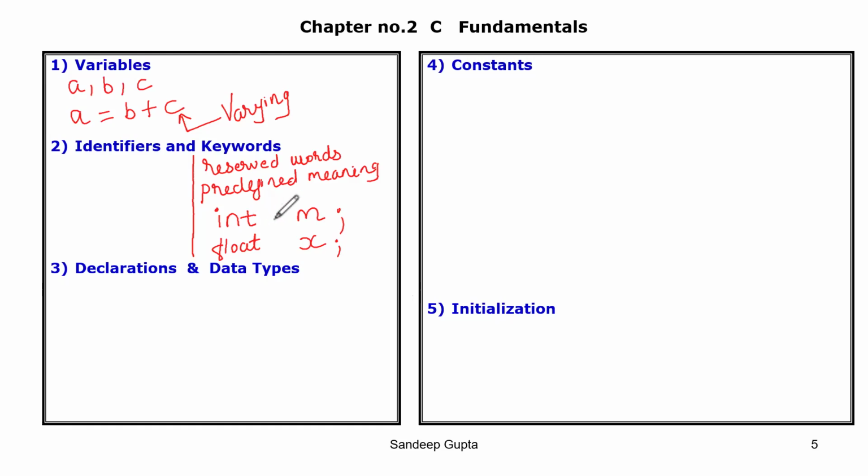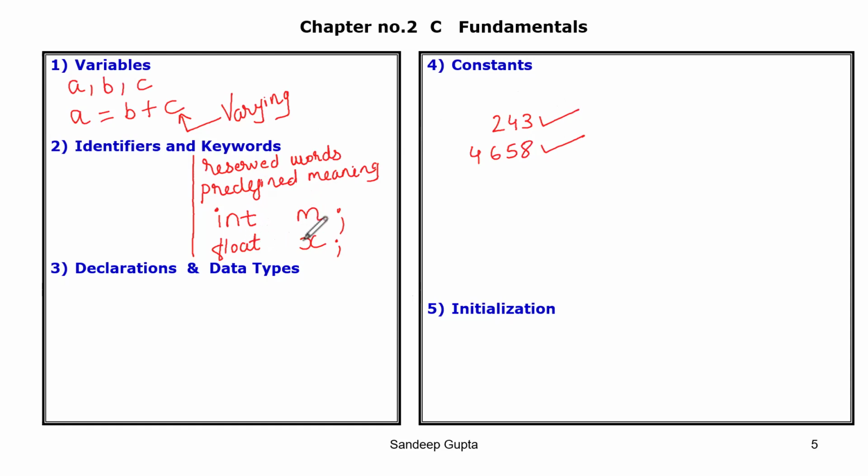When I'm writing int space m, I'm telling the C compiler to create a variable called m, which will store integer values. Now, what are integer values? Integers are those numbers which do not have a decimal point. So numbers like 243, 4658 are integers.